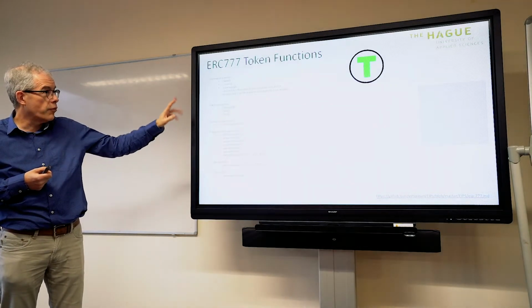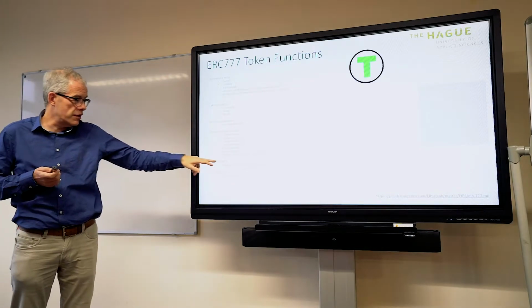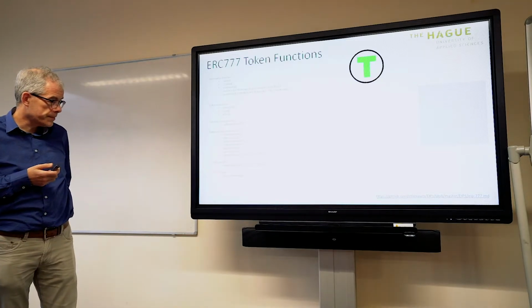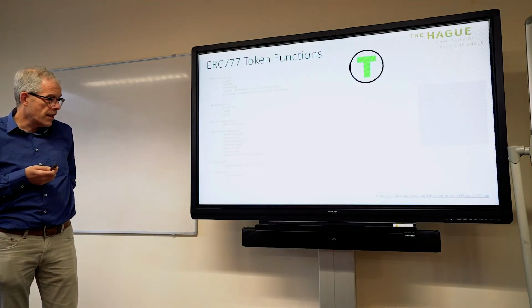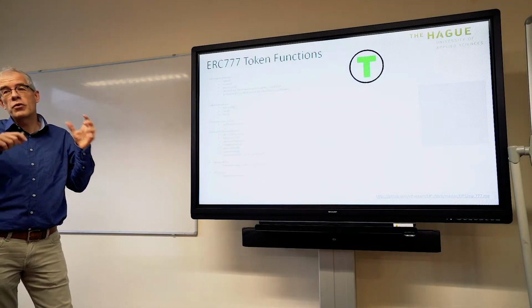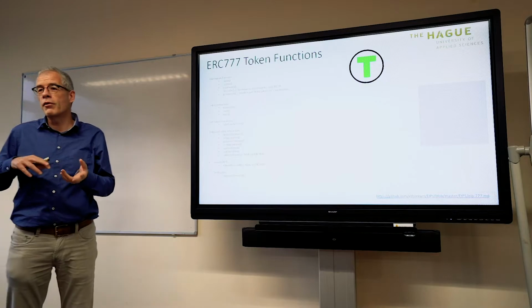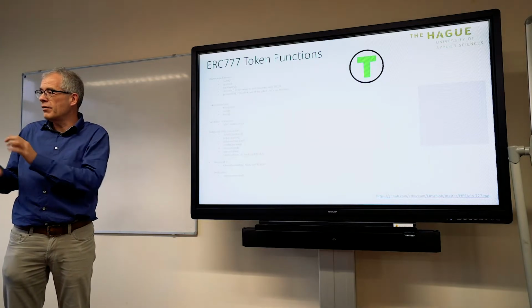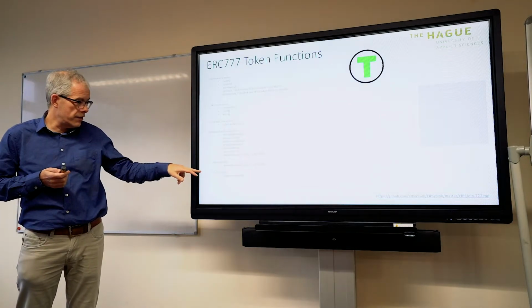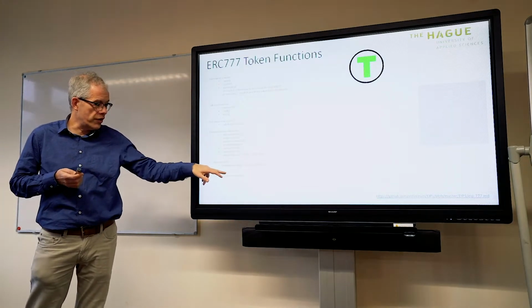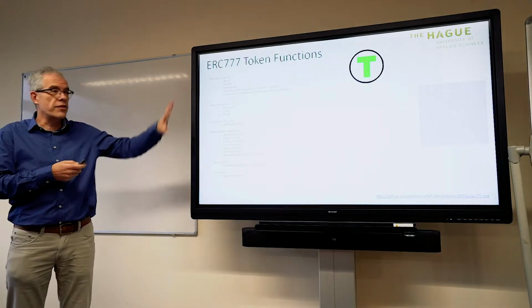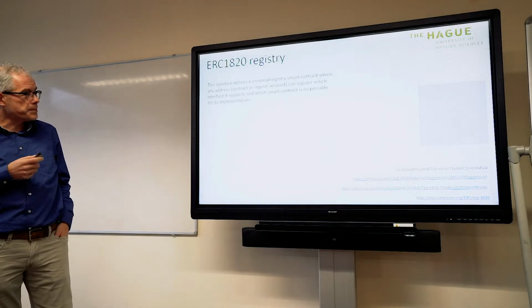For the ERC 777, that's the token received function. If you want to transfer the token to another contract and call a function on the other contract, you want to verify if that function exists. To verify that, they've created the supports interface function. We're going to explain it later, but this is the overview that we have.